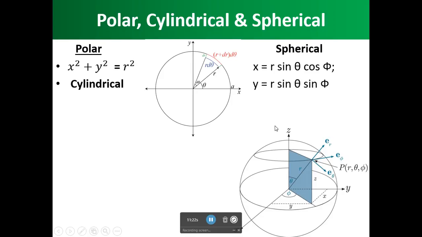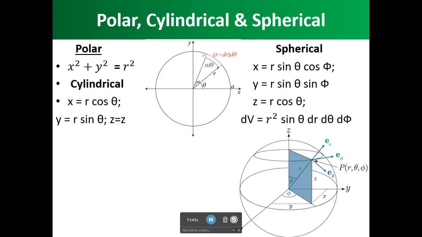So, we found out that polar is x squared plus y squared equals r squared. We found out also that cylindrical is x equals r times the cosine. We found out that y is r times the sine, and z is just z.